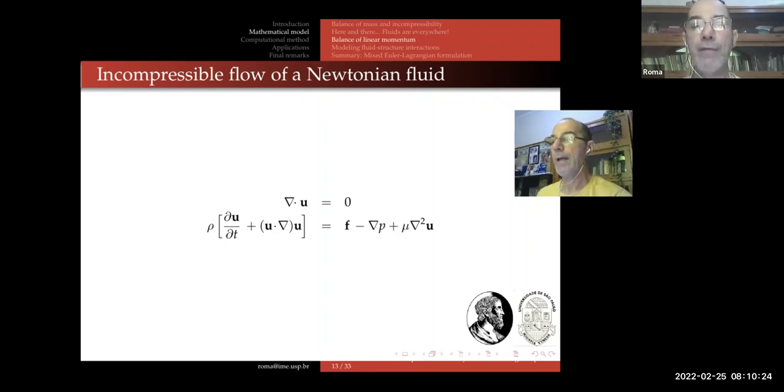F is the external forces acting on my material volume. And since we have a Newtonian fluid, this is just contact forces: gradient of pressure, and dynamic viscosity times some diffusion. This is basically friction. So this is where we are standing.